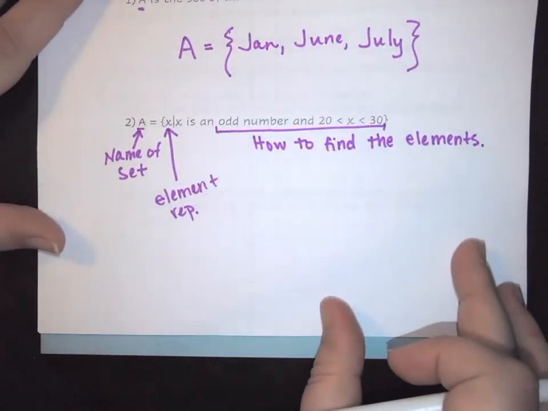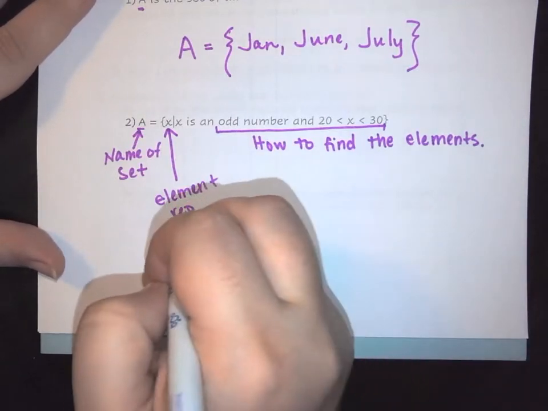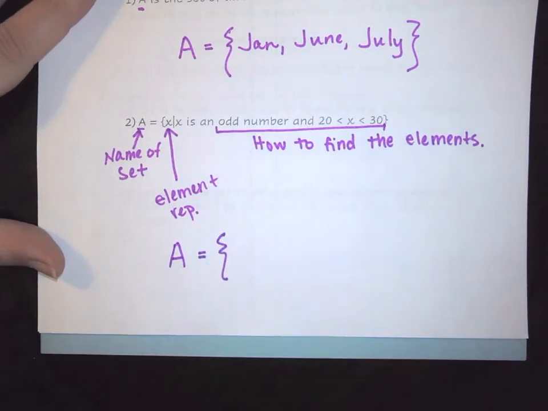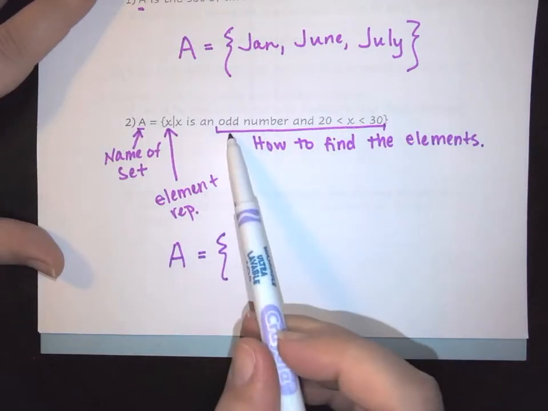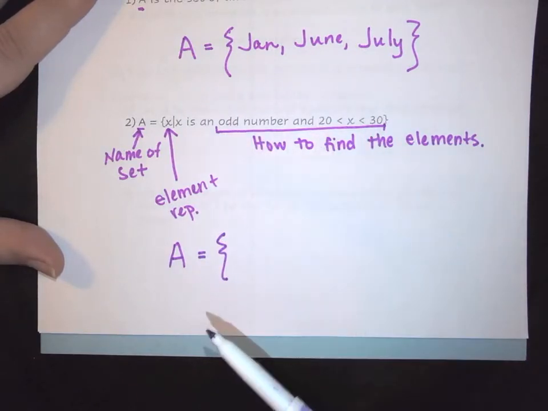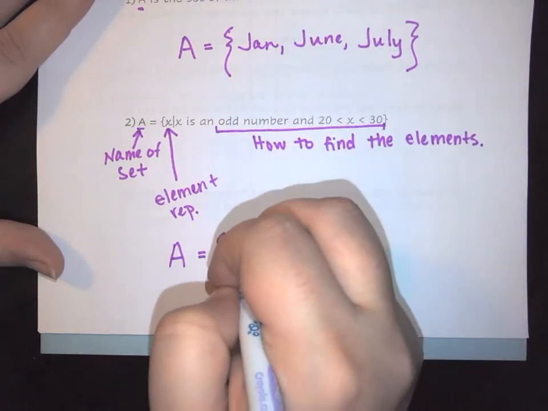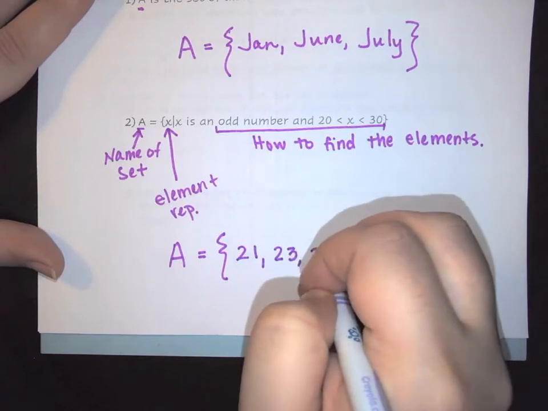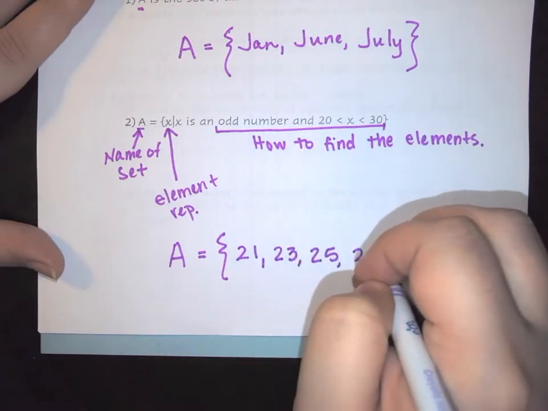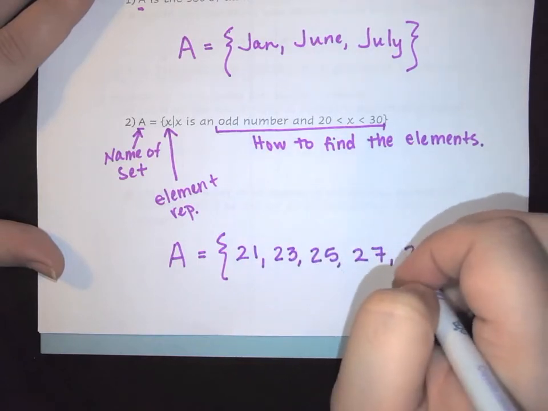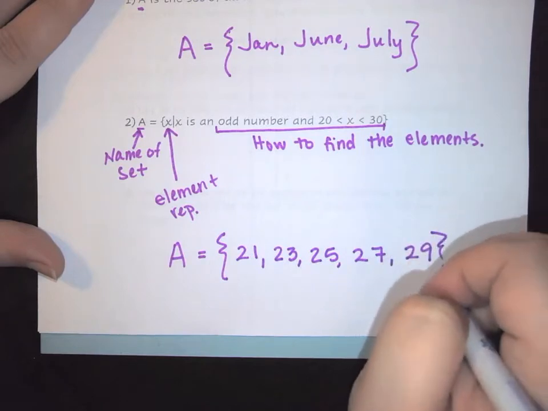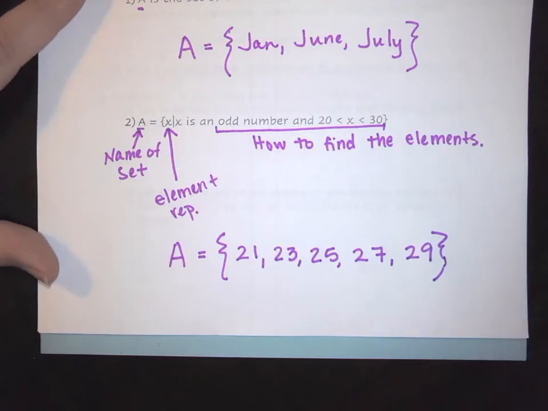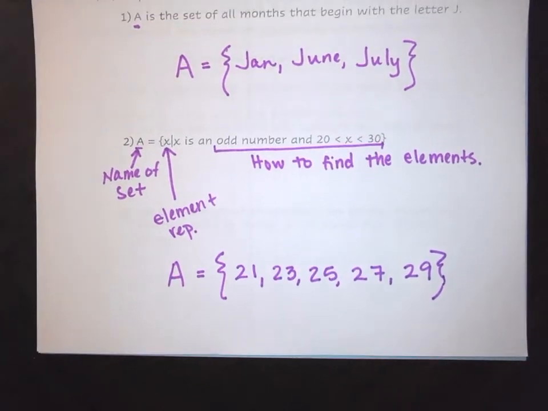So we have to go ahead and start. First of all, we know our set is going to be A, and then we have to open it with the squiggly line. And I want odd numbers between 20 and 30. So this would be the numbers 21, 23, 25, 27, and 29. And only those elements. And there you go. You've built yourself another set.